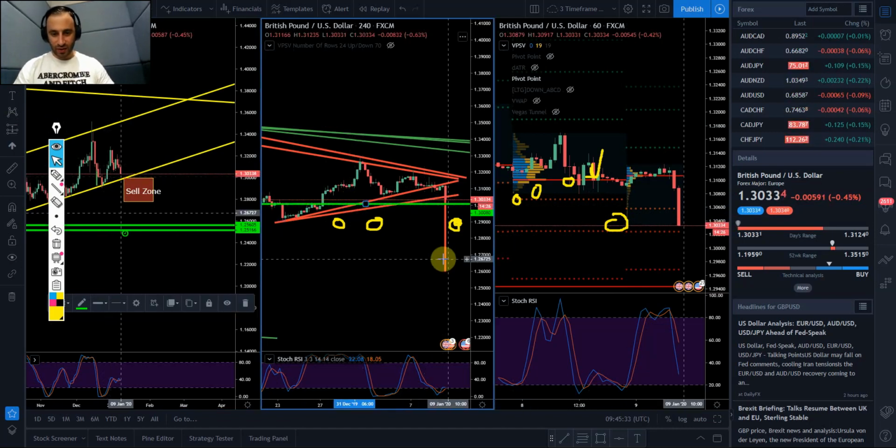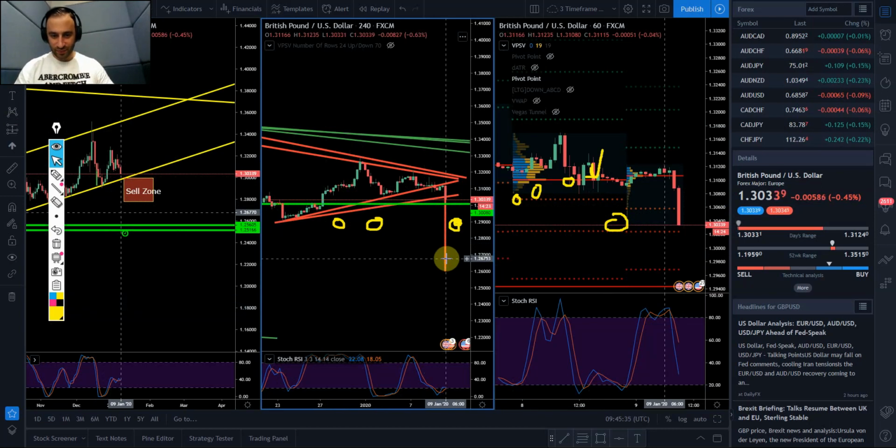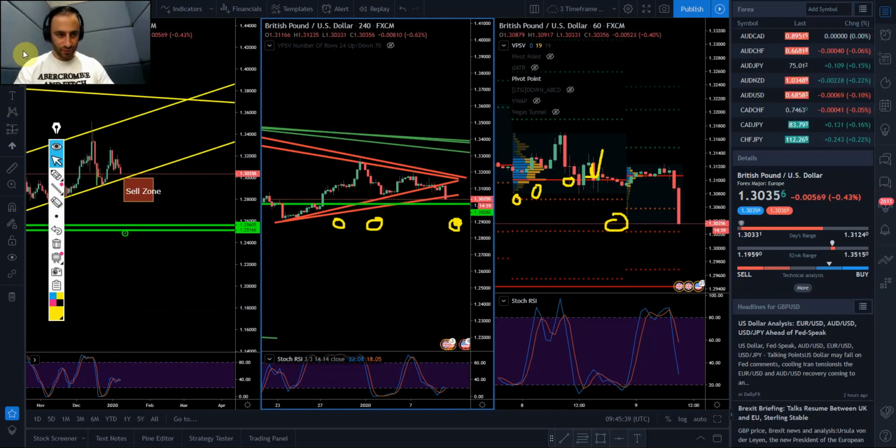So the market could push down a little bit there, which it's starting to do, and you are jumping in now because you think the triangle is broken, and then suddenly this happens. Now, I'm not saying that's going to happen, but I'm just making you aware that that could happen, okay?